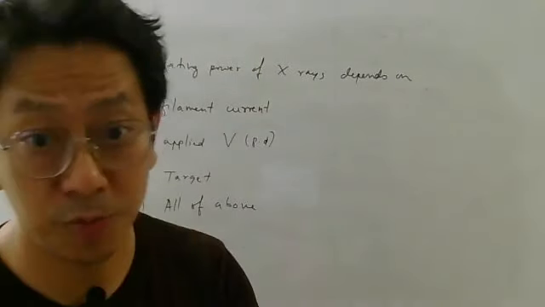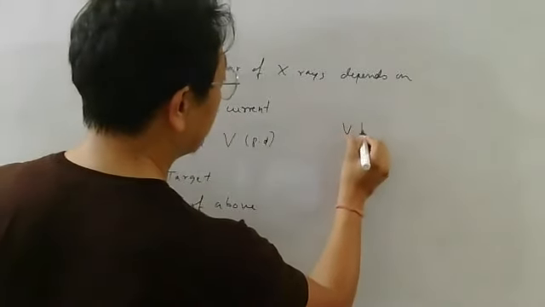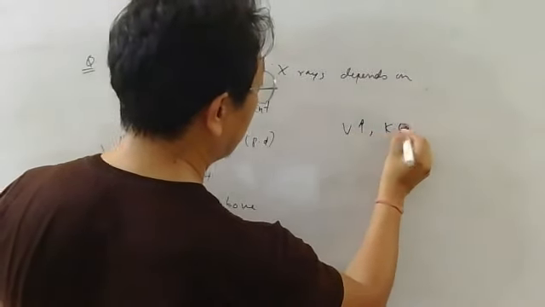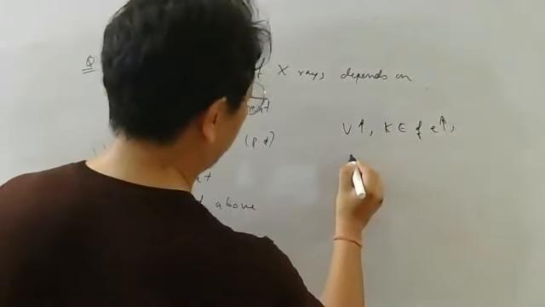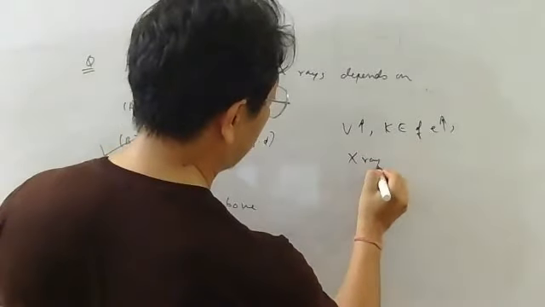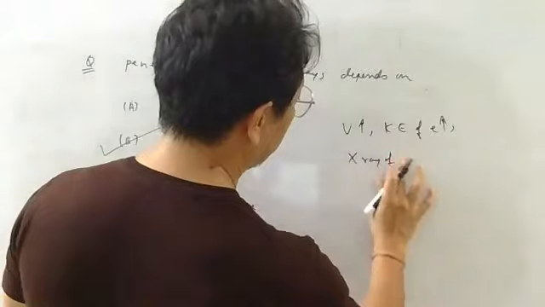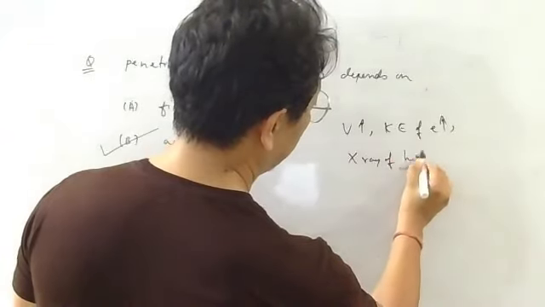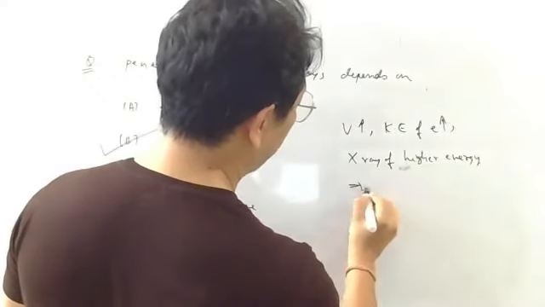Okay, this is something you must know. Very good, Anish. Because when you increase the voltage, you increase the kinetic energy of electrons, and that creates X-rays of higher energy, and they can penetrate more.